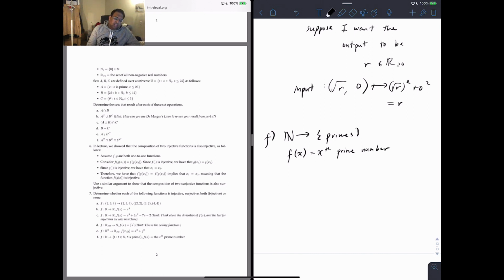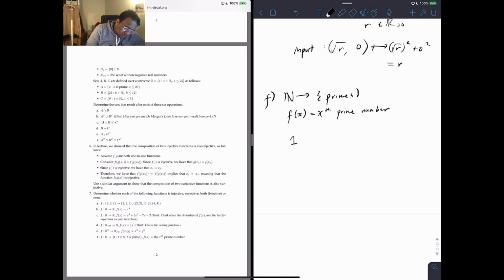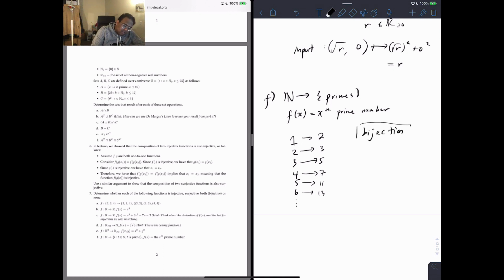So really, the mapping we have looks like this. And this is indeed a bijection. It's almost a silly example, but it's really crafted to illustrate a point.